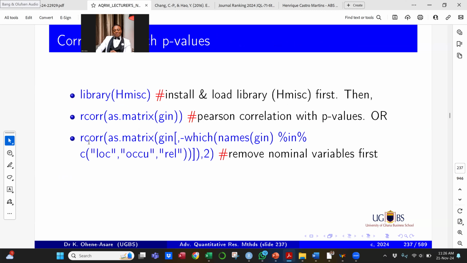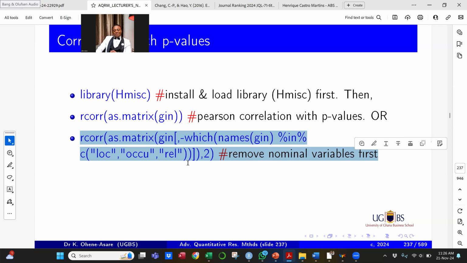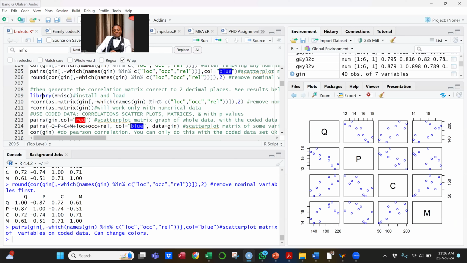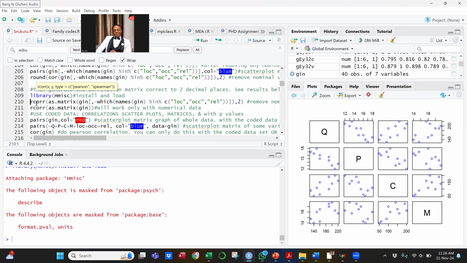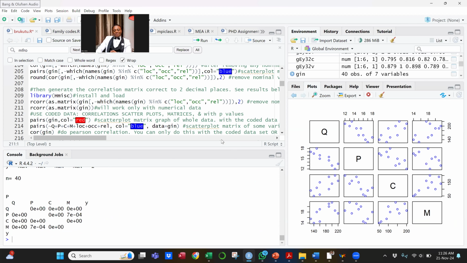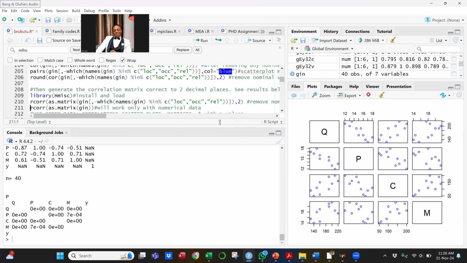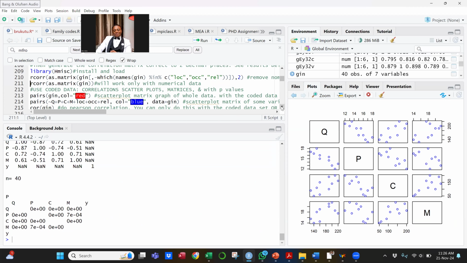Then you run the correlation and remove the categorical variables. That's what I'm focusing on. I'm doing that, run the library, and then run the one that you remove. And look down here, you get a perfect result. And this is the last result I'm showing for today.